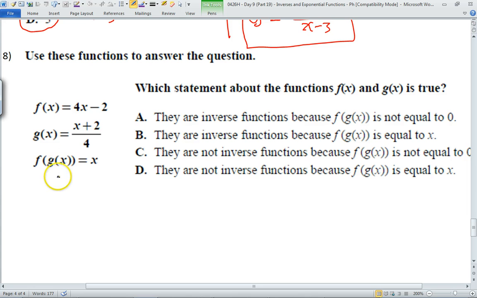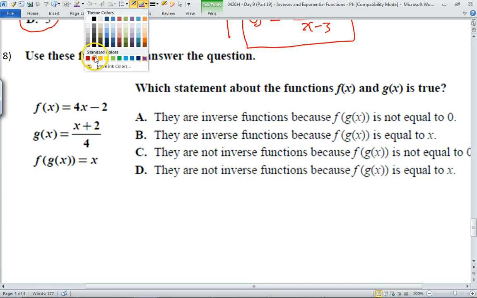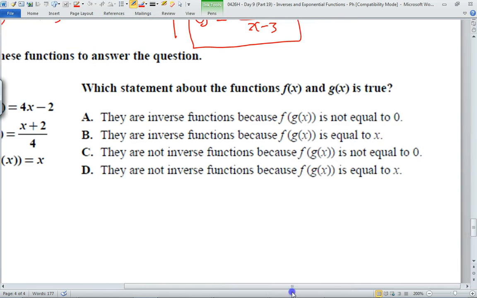Well, let's just check and make sure that's true. If that's true, then they're showing that they are inverses, because if you substitute one function inside of the other and you're getting X for a result, then that's how you know that two functions are inverses of each other. So which one of these says that? Let's see.